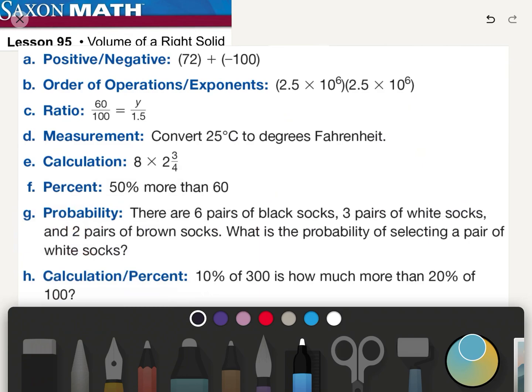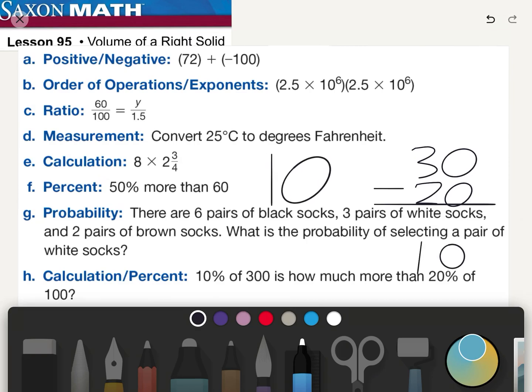And calculation percent. 10% of 300 is how much more than 20% of 100? Subtracting these, the answer is 10 more.